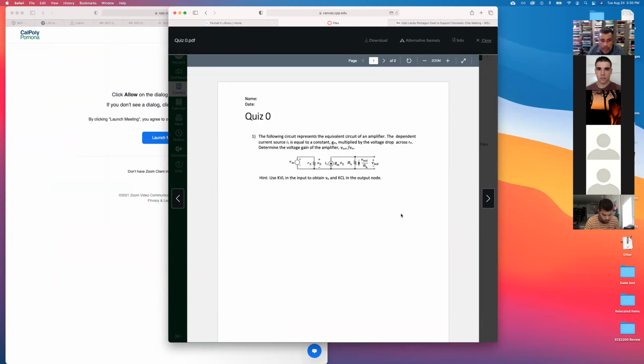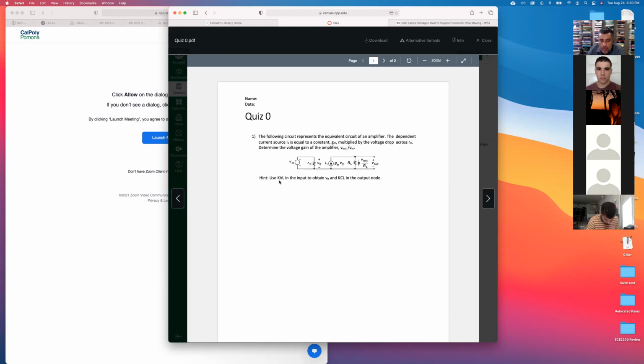And notice that the first one is asking for the ratio of V out, the voltage across these two nodes, in relation to the V in here.